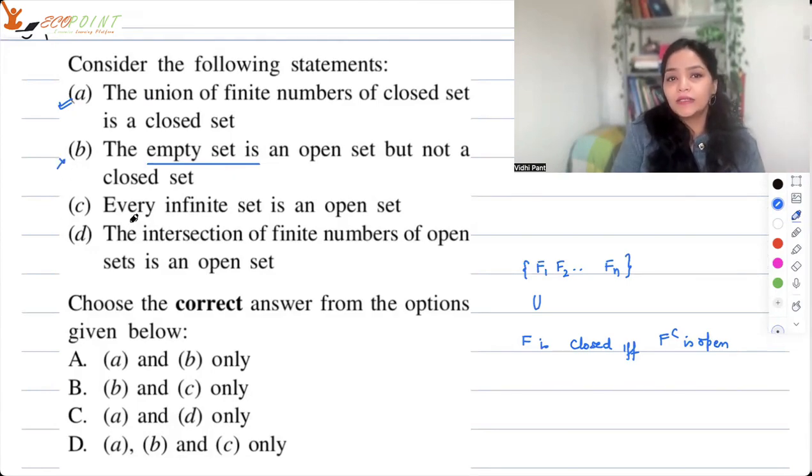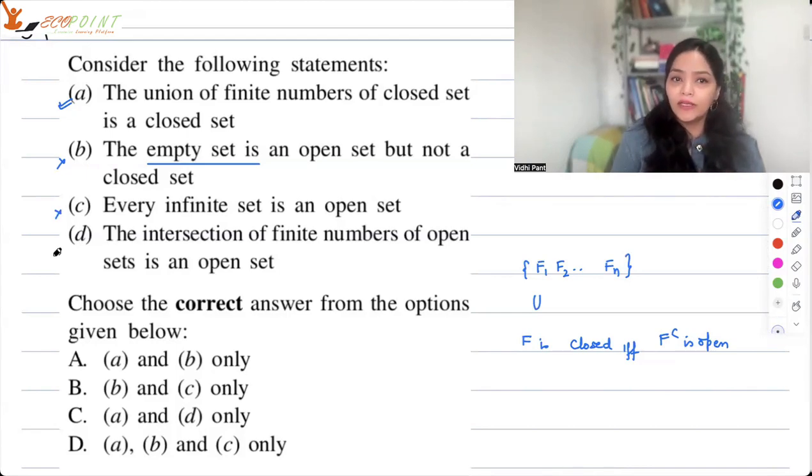Every infinite set is an open set. No, not every infinite set is open in nature. You can take any closed interval. If you look at it as a set, it is actually an infinite set. It consists of infinitely many real numbers, but it's not an open set. It's a closed interval, so it's a closed set.